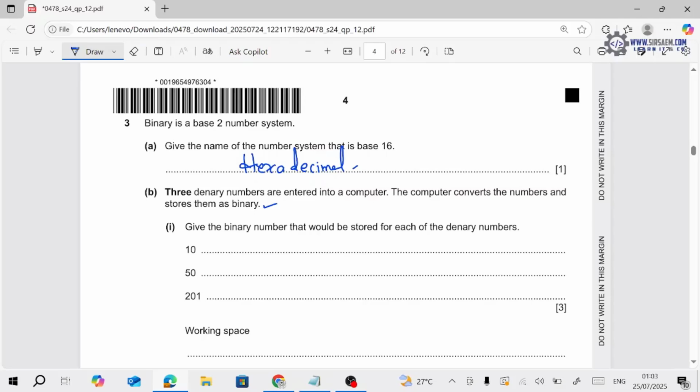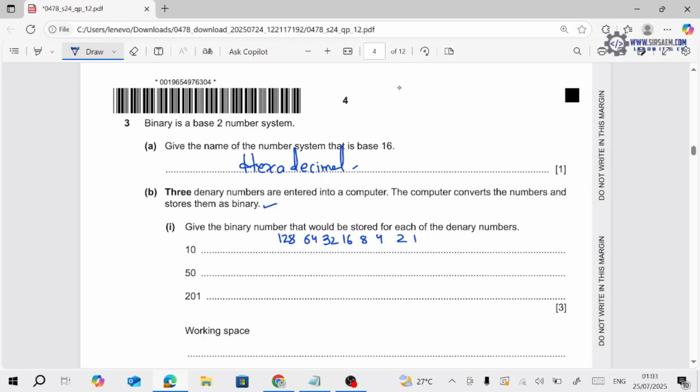So there is this conversion grid that I always use to teach my students. By conversion grid, what I mean is I write over here 1, 2, 4, 8, 16, 32, 64 and 128. There is another method by division, but this is also fine. You can use either of them.